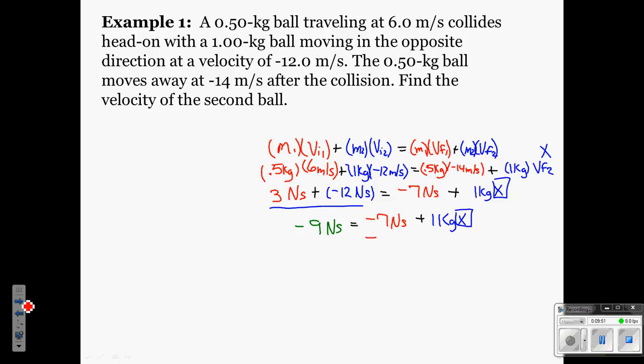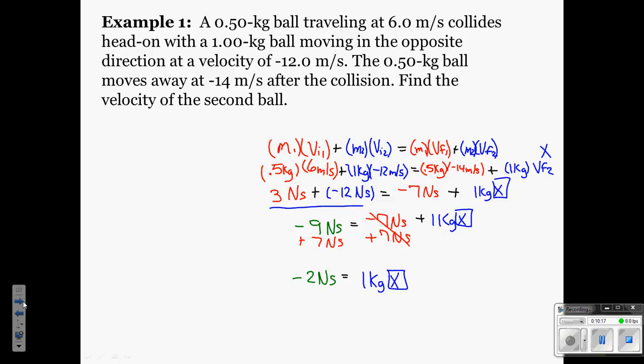I'm going to get rid of this from this side of the equation. So when I bring it over here, what I end up getting is a negative 2 NS. These cancel out. 1 kilogram X. X is still what I want to find out.